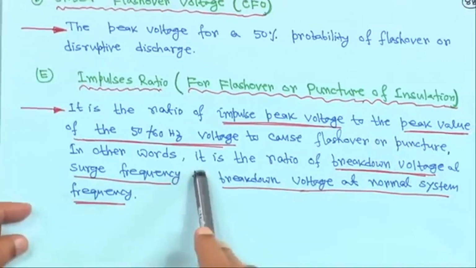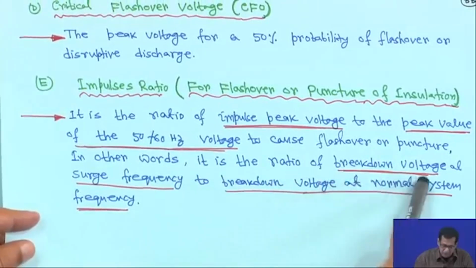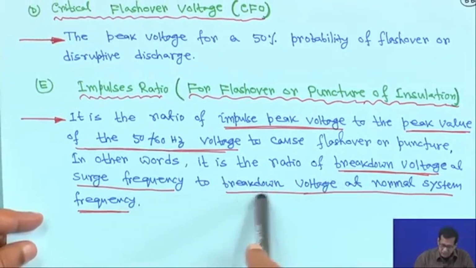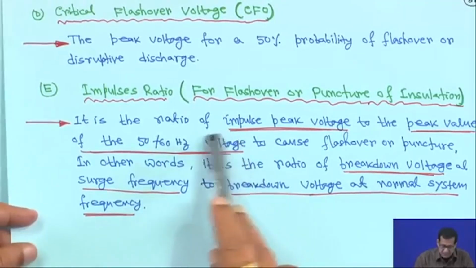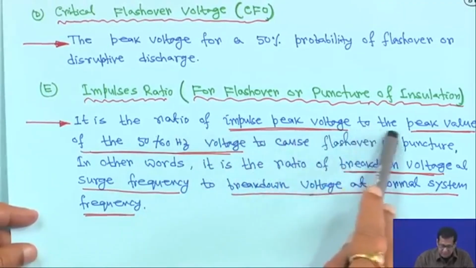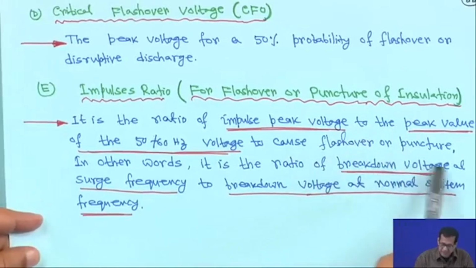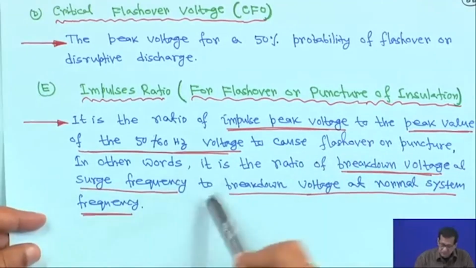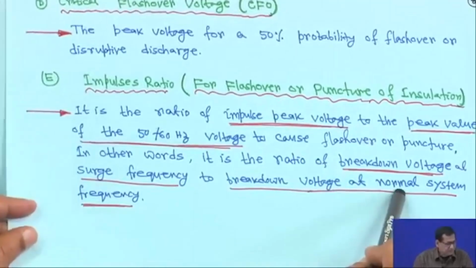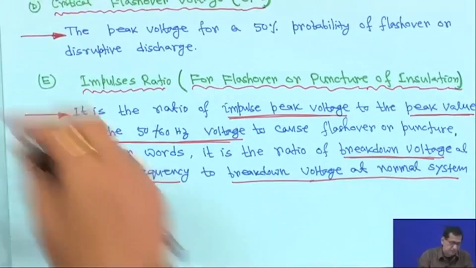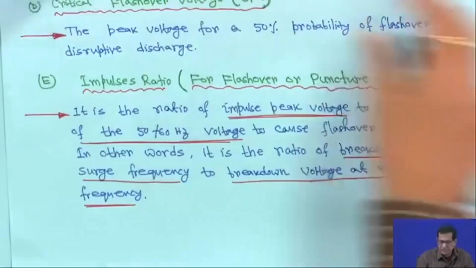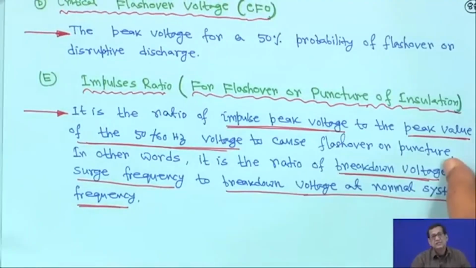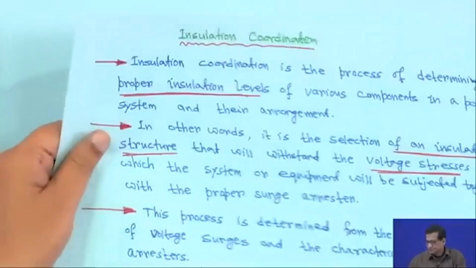In other words, it is the ratio of breakdown voltage at surge frequency to breakdown voltage at normal system frequency. This is called the impulse ratio. This is theory only, not numericals, but you have to know all these things.